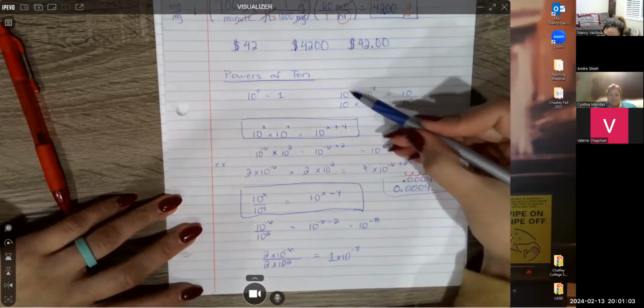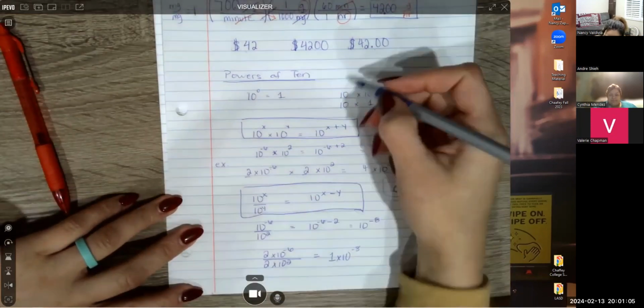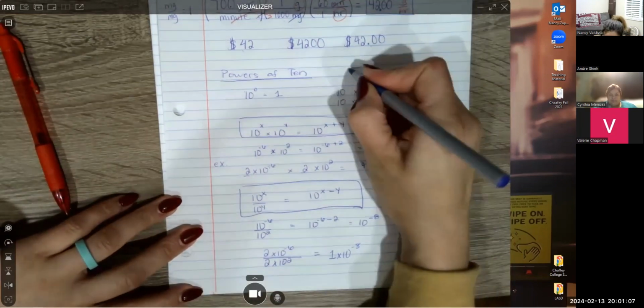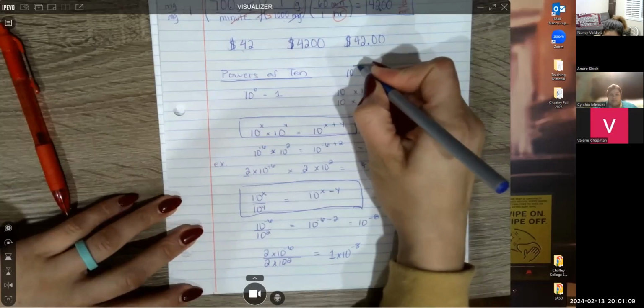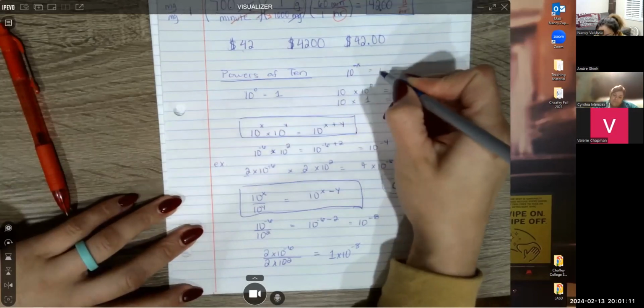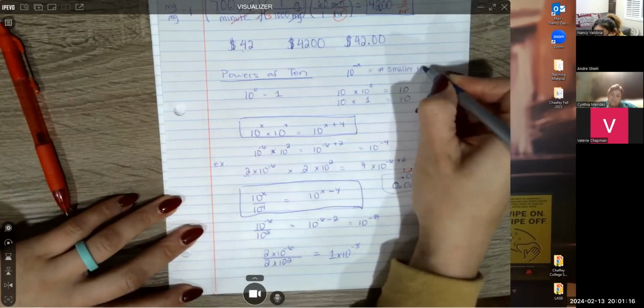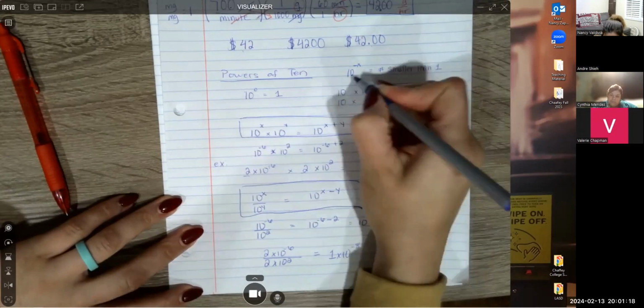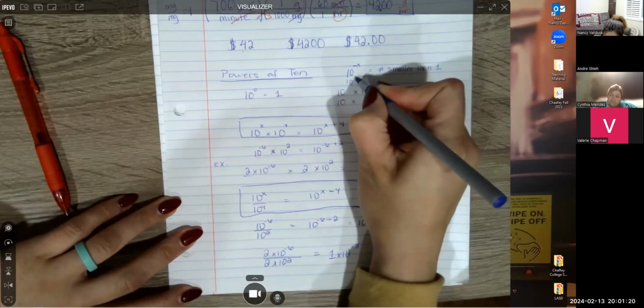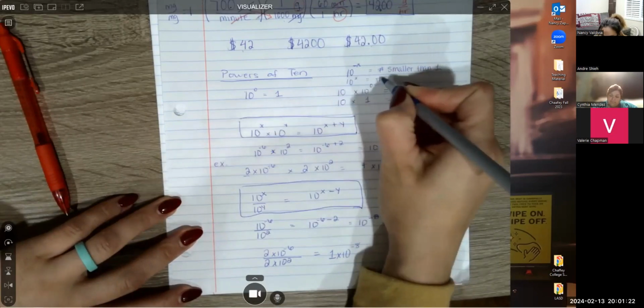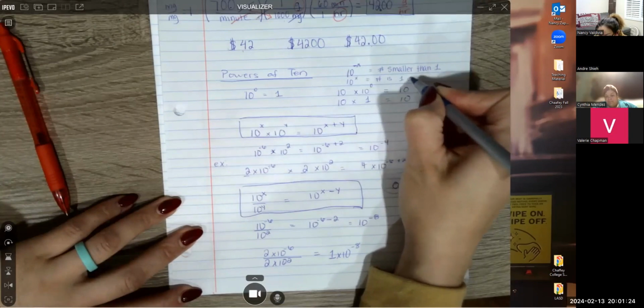And then jumping back on this, I know we already covered it, just so I could write it down. Remember, if you have 10 to the negative x, that means your number is smaller than 1. And if you have 10 to the positive x, your number is 1 or greater.